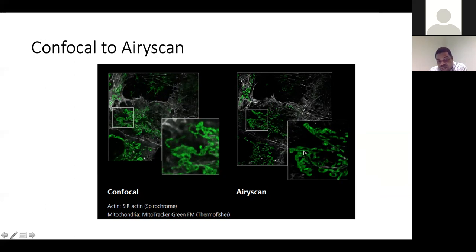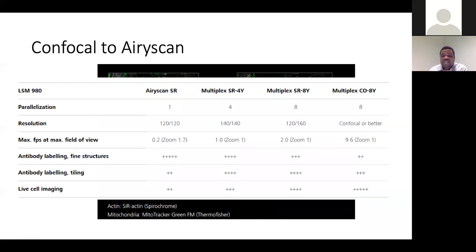Probably it's not clear from here, but you can see that there's a small gap between these two signal points, and it's difficult to distinguish that from here. So the idea of using the Airyscan is to improve the resolution, and as I said, resolution and sharpness are related, but that gives you that structure.